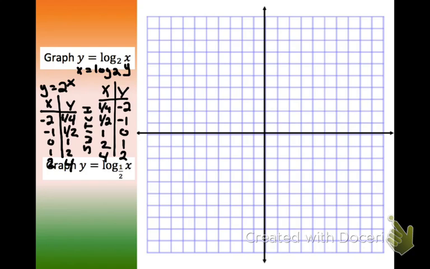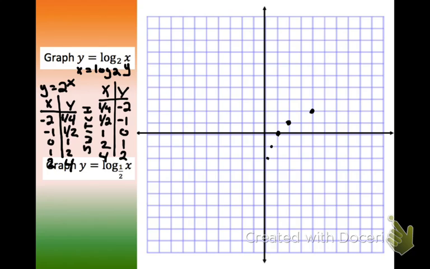So I'm going to go ahead and graph that. Let's get a fine tip here. So we're going to have 1/4 and negative 2, so it's going to be down here somewhere. We're going to have 1/2 and negative 1, 0, 1, sorry, that's 1, 0, 2, 1, and 4, 2.